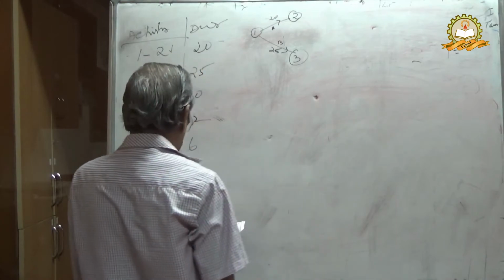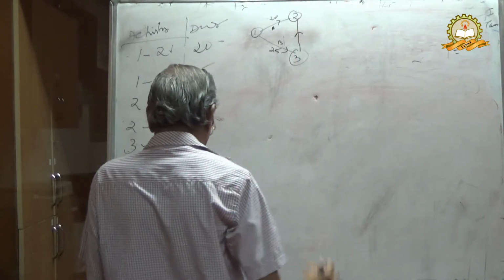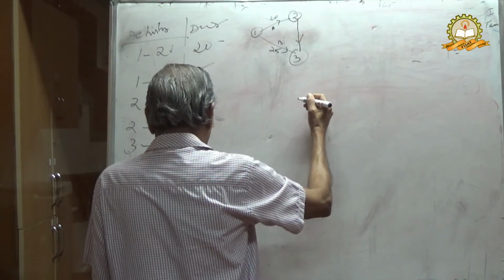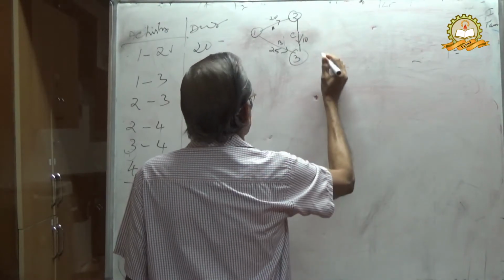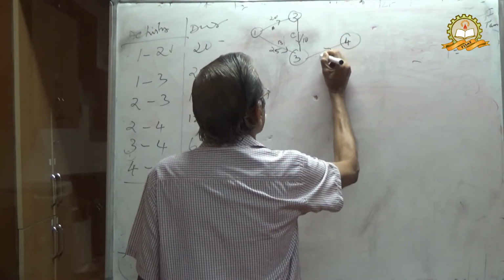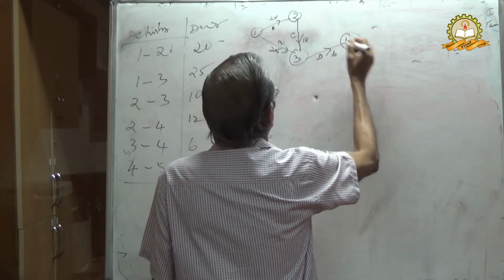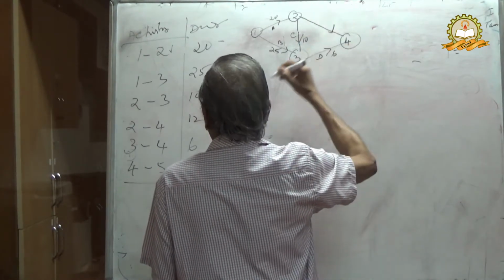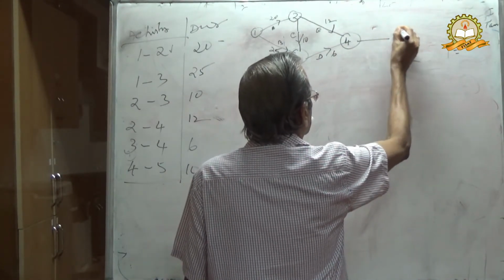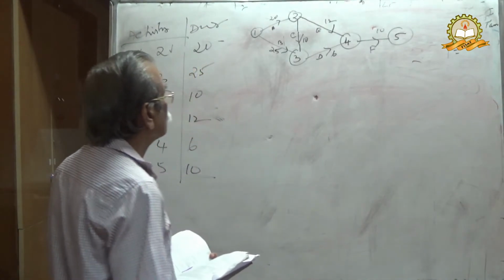Then 2 to 3, 10, another activity C. Then 3 to 4, 6, activity D. Then 2 to 4, 12, activity E, and 4 to 5, 10, activity F. Nodes 1, 2, 3, 4, 5.